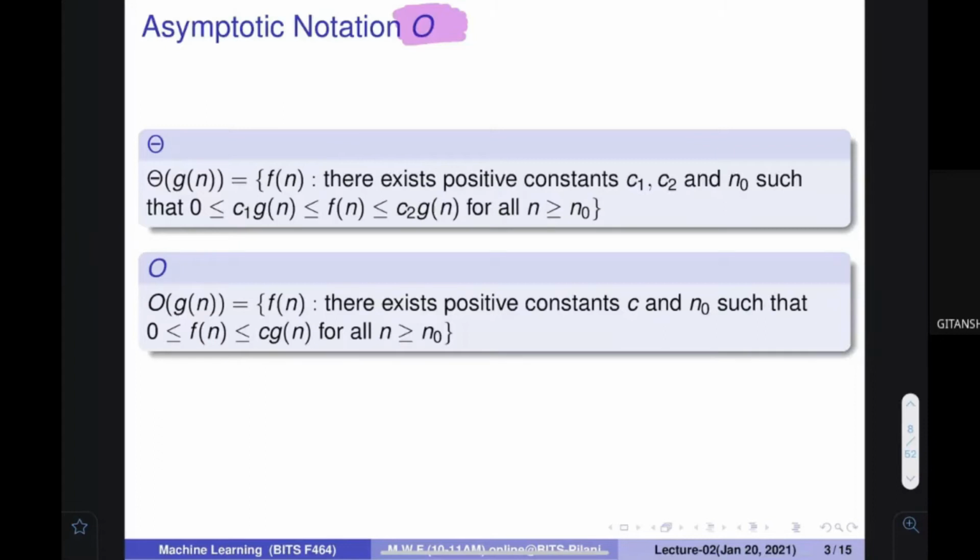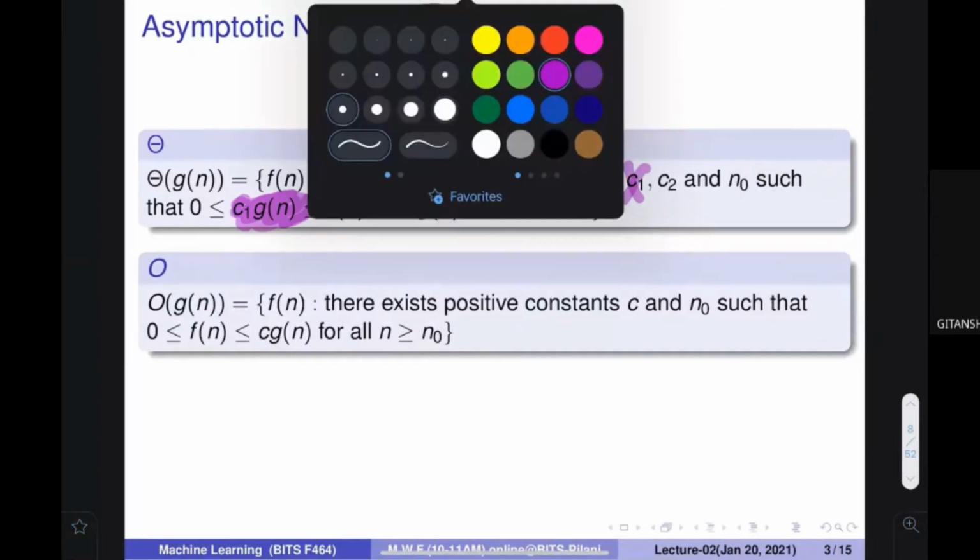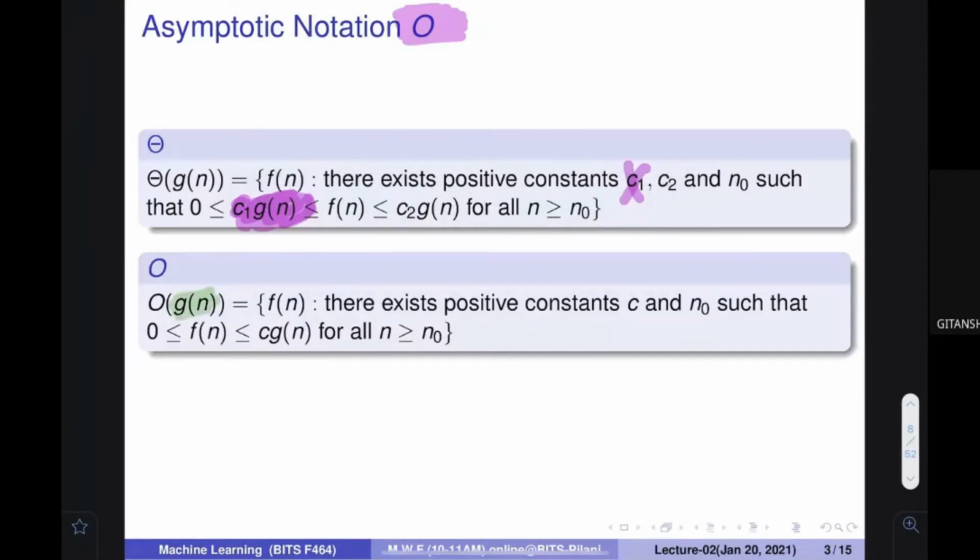Big O says that I need not take care of this smaller bound. If I remove this condition from theta, then I need not two constants, only one constant would suffice. Then I can write the definition this way: f(n) is O of g(n) if there exists a positive constant c and n0 such that f(n) is less than c times g(n) for all n greater than n0. So this function g is bigger than that.